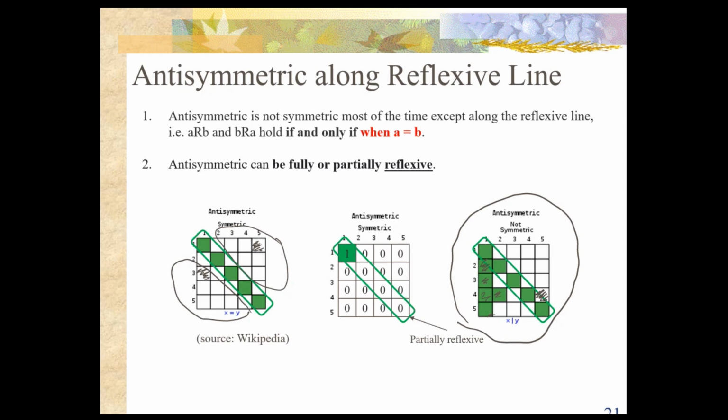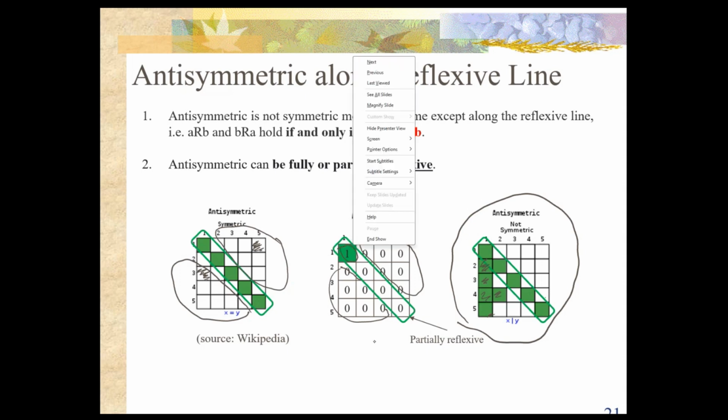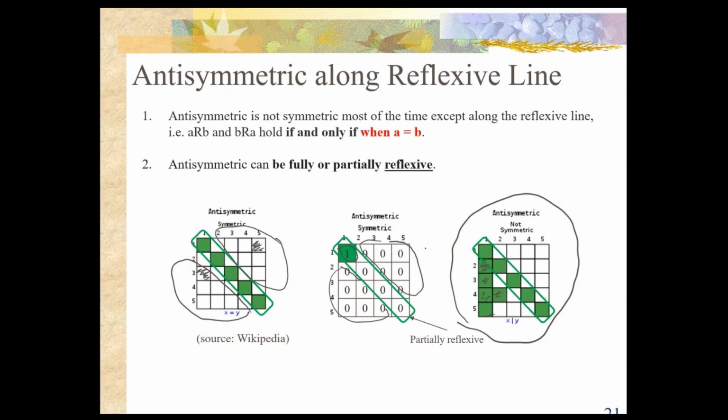So suppose that in the top right and bottom left segments, there are no relations at all. The only relations that exist are along the reflexive line. And in this example, only one. Does this make it anti-symmetric?